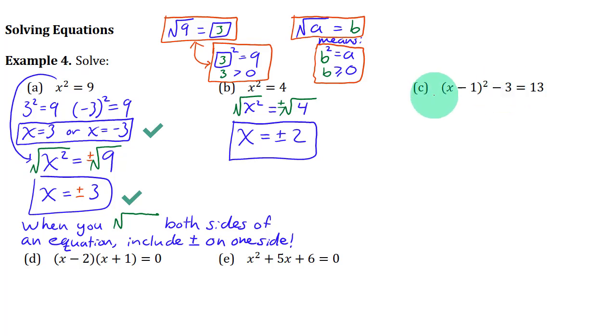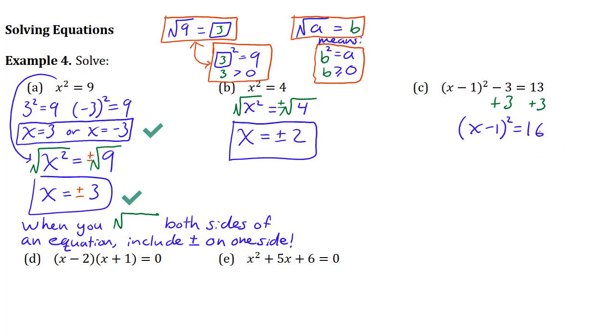If I were to just do a square root to both sides right here, it's not going to distribute into these two terms in any kind of nice way. It doesn't distribute at all, so it's not going to cancel anything out. It's just going to leave you with a big mess. So instead of doing that, we're going to add 3 to both sides. And that will give you x minus 1 quantity squared equals 16.